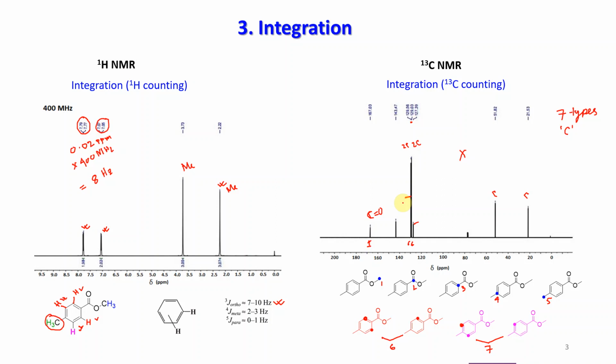If you look even minutely, what we find is that this carbon C double bond O, or these tiny carbons, they are for these three. So this is C double bond O, very tiny, and you have this one.